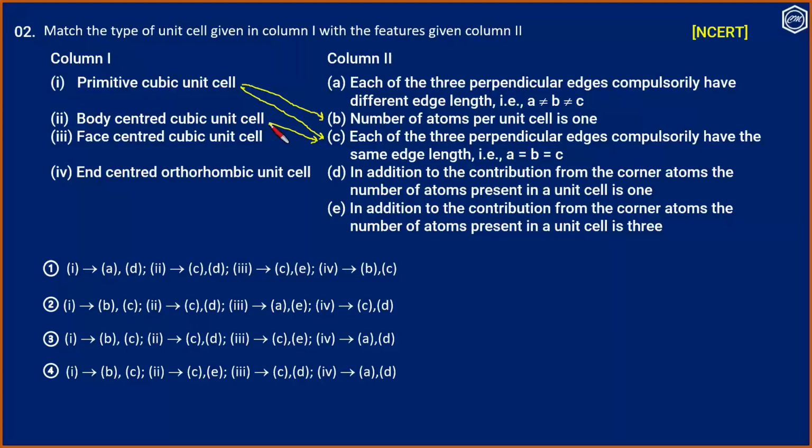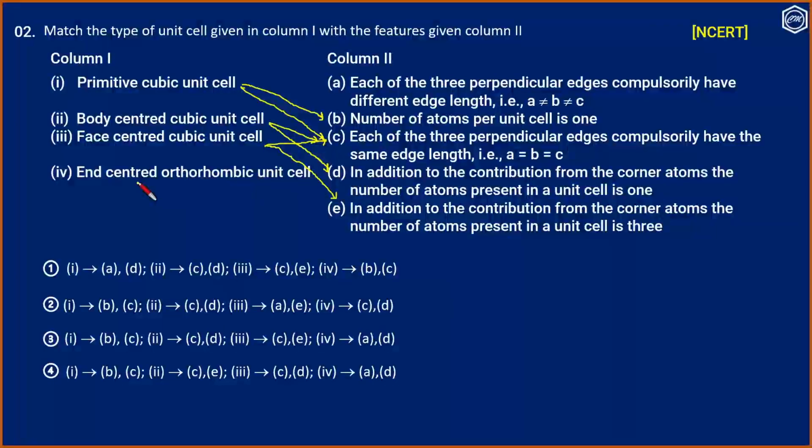So we can connect to D. Then face-centered cubic unit cell. Since it is cubic, we can also connect it to C. Then in addition to contribution from corner atoms, the number of atoms present in the unit cell is 3, that is from the face centers. So 3 to E.